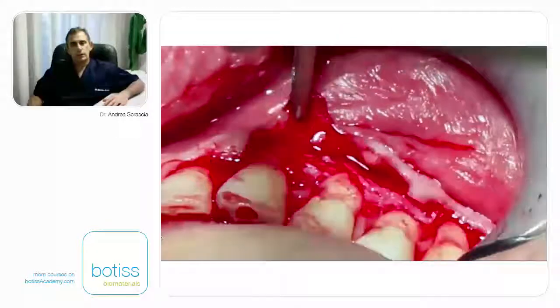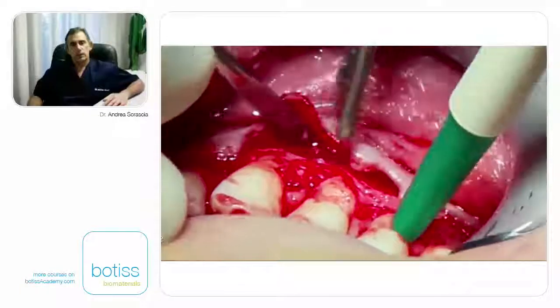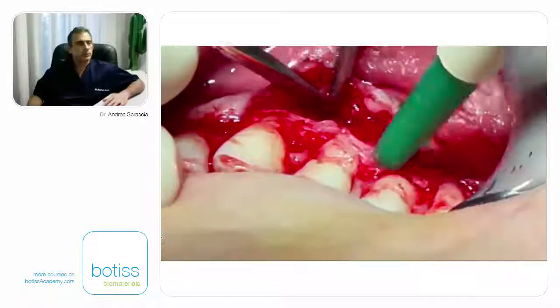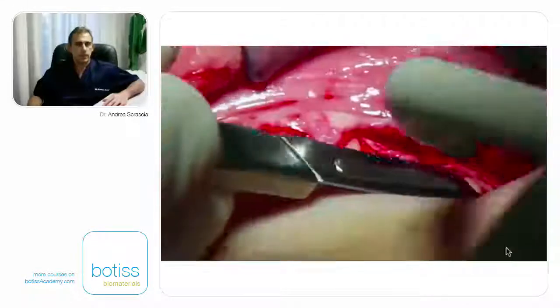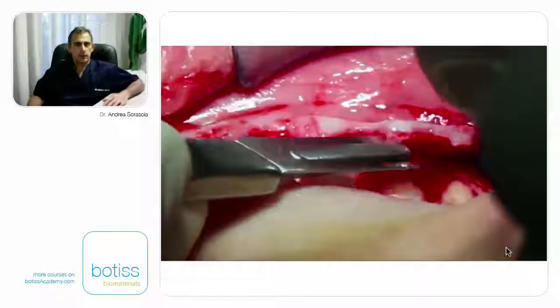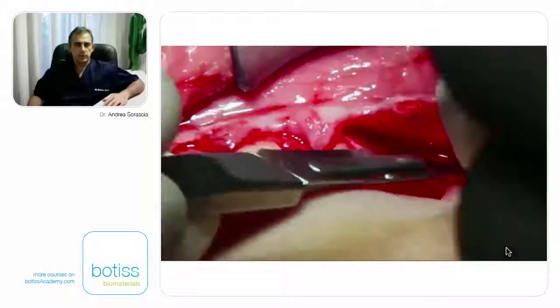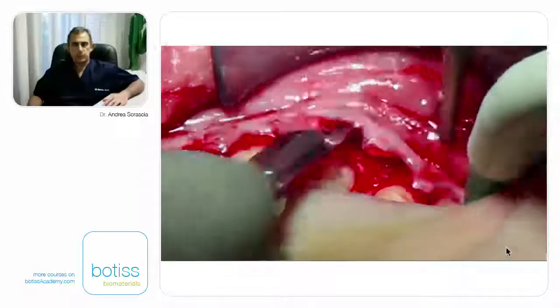After that, the full flap. Then you split deeper.